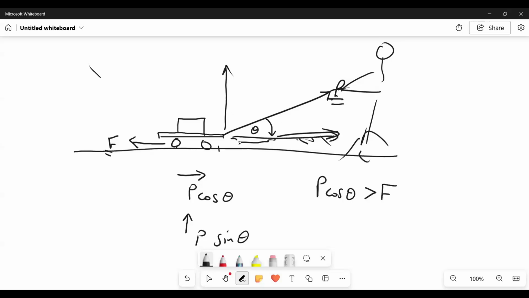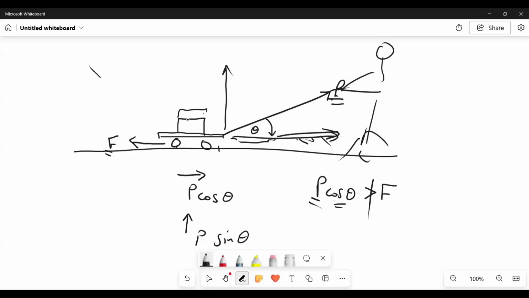You don't want to load this thing up. Maybe your boss tells you to pack on so many crates on this thing that the force you can exert, P cos theta, is not greater.